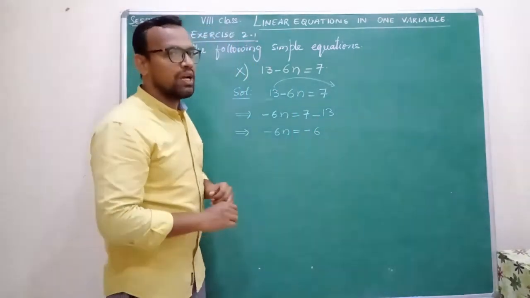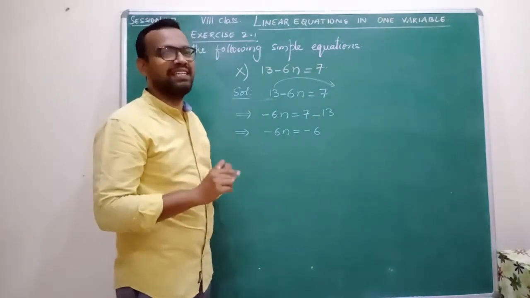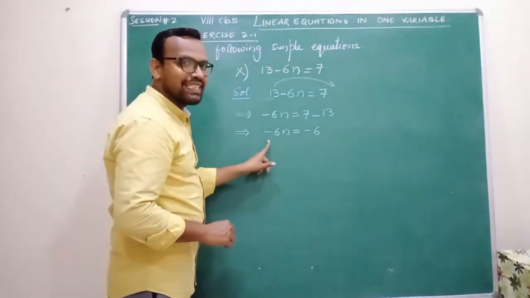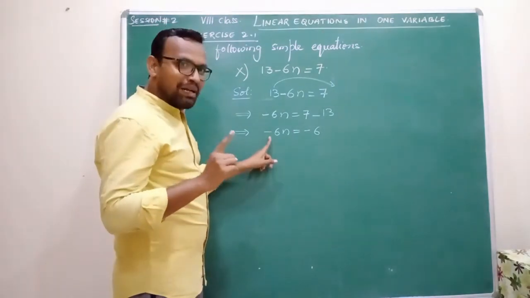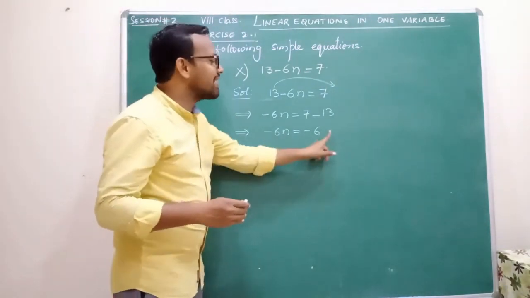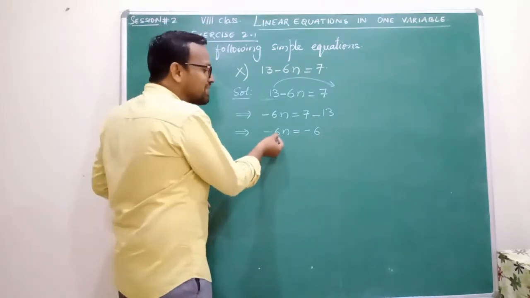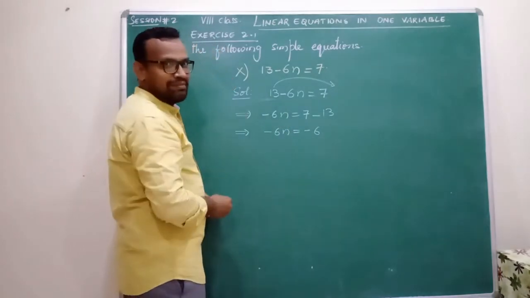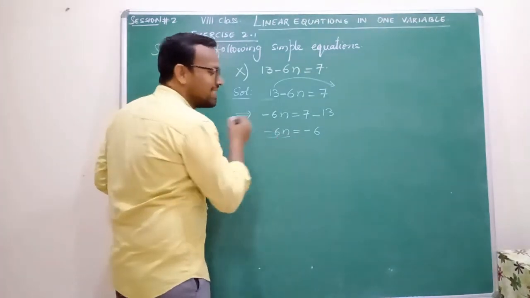Okay. Now, what has to be transposed? Yes, the number with the variable. With the variable, what number is present? Minus 6. Here you need to be careful. Sometimes, some students may think that when minus 6 is transposed, it becomes plus. No. Here, we need to see the relation between the constant and the variable. The constant is minus 6, the variable is n.